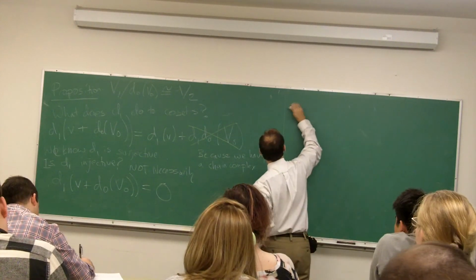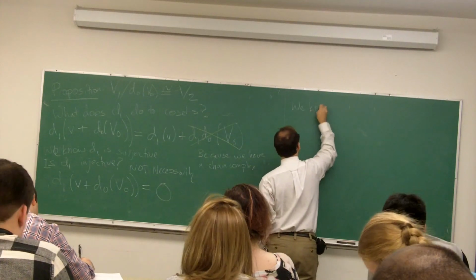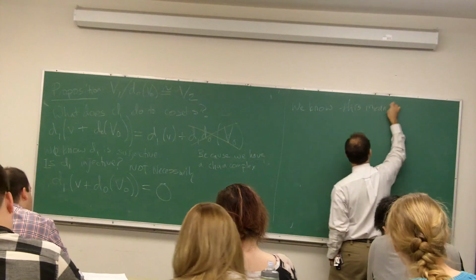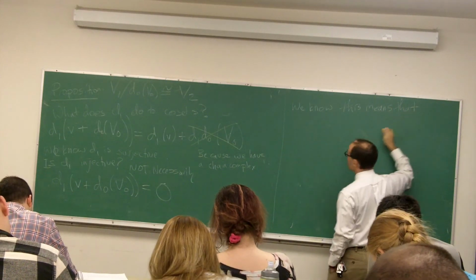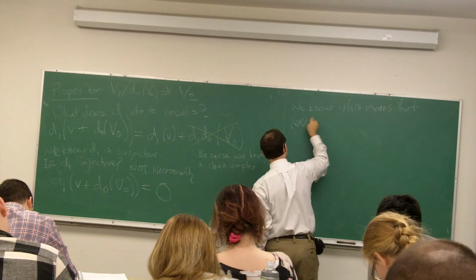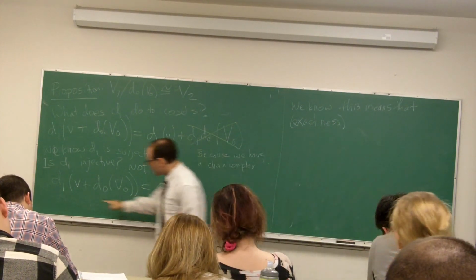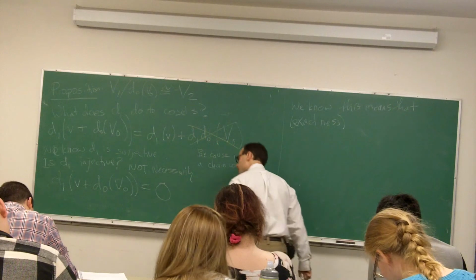So this means that, again because of exactness, the kernel of D1 is the image of D0.